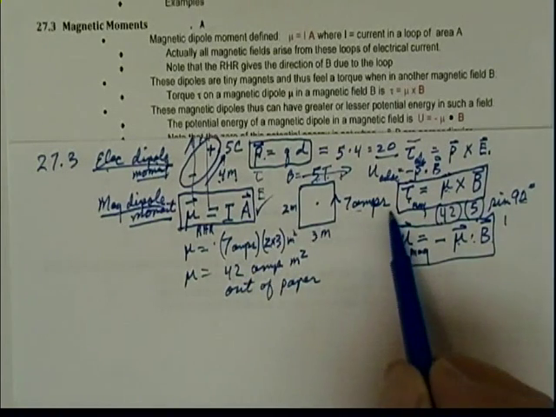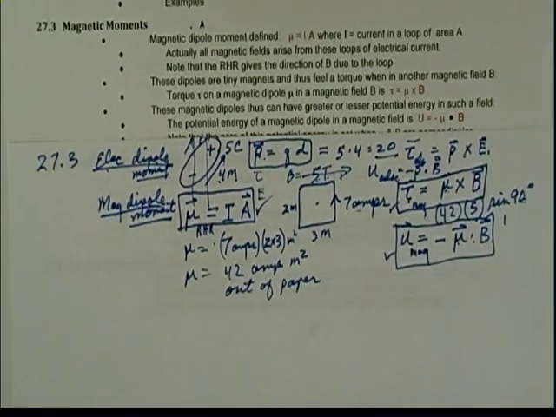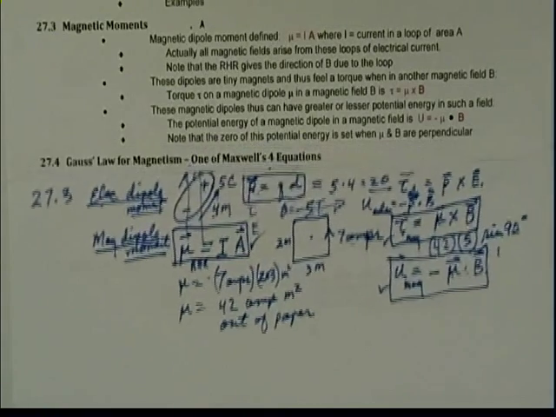So these are the 3 new formulas, defining the magnetic dipole moment, defining the torque on it, and defining the energy which it has.